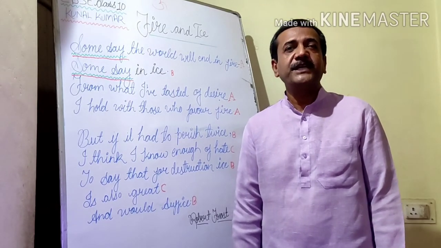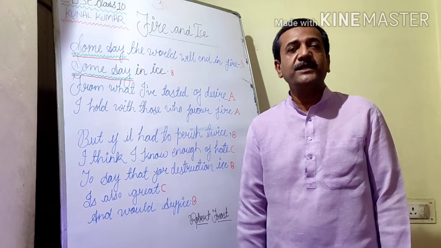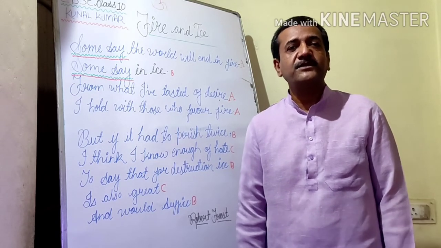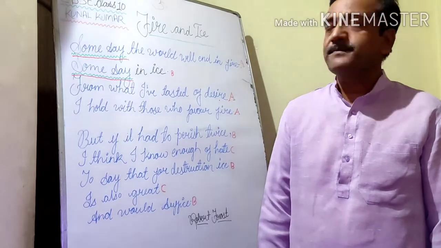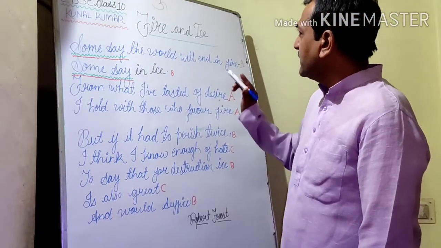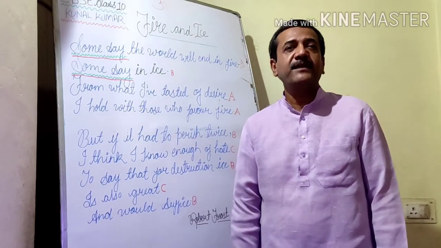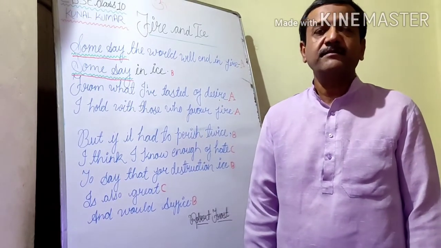Apocalypse means day of judgment, or in Hindi we call it Pralay ka din, and in Islam it is called Qayamat ki Raat. So he has imagined that day when the world will end.